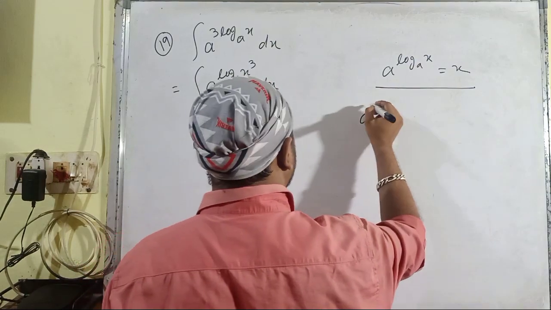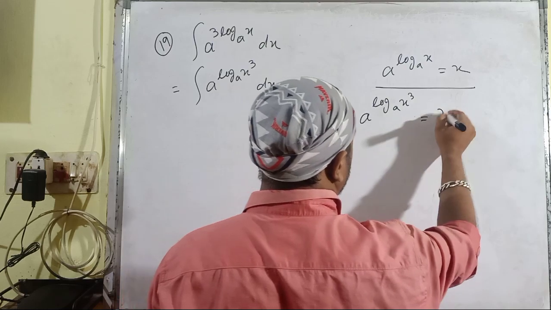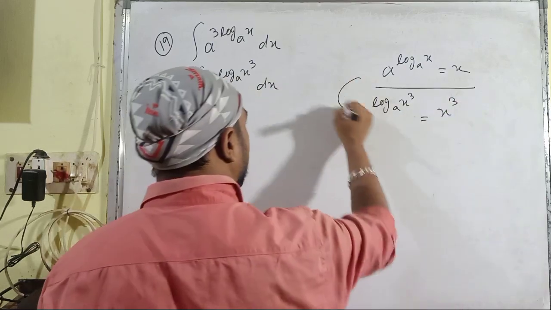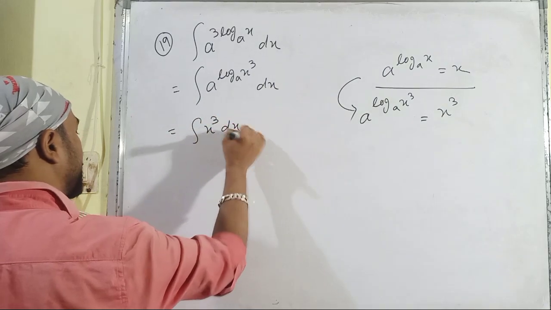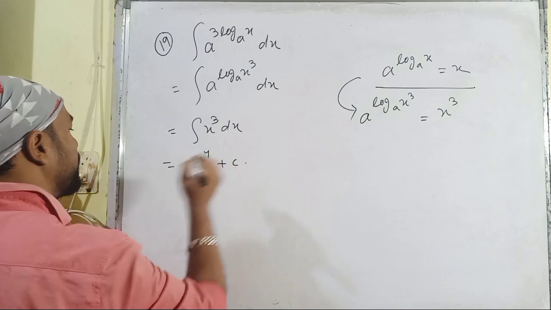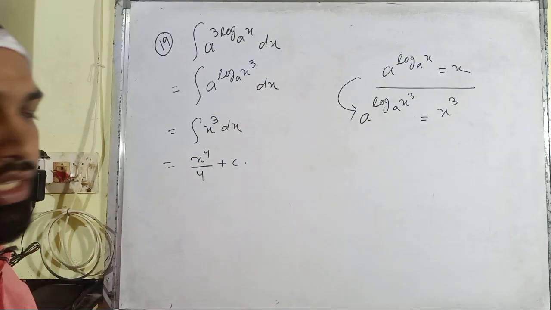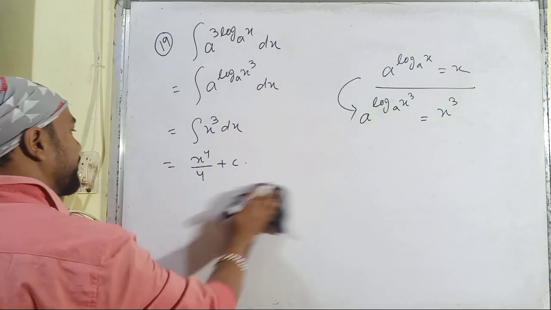Similarly, a to the power log x cube with base a is equal to x cube. So we have to just integrate x cube with respect to x, and it will be x to the power 4 divided by 4 plus any constant c. So it is the problem number 19. Then coming to the problem number 20.